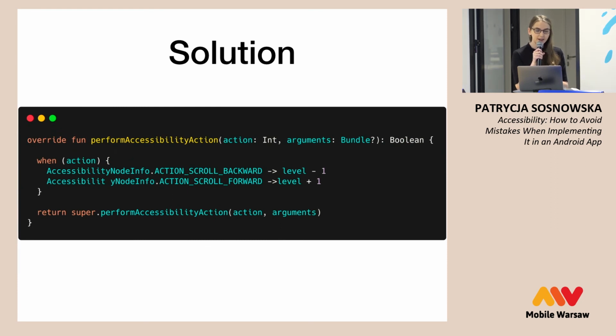When we have specific actions enabled on this view, we can perform them by overriding the performAccessibilityAction method. And now we are able to operate our custom control and its value with the volume up and volume down buttons. So we enable TalkBack here to treat this view the way TalkBack treats a SeekBar.